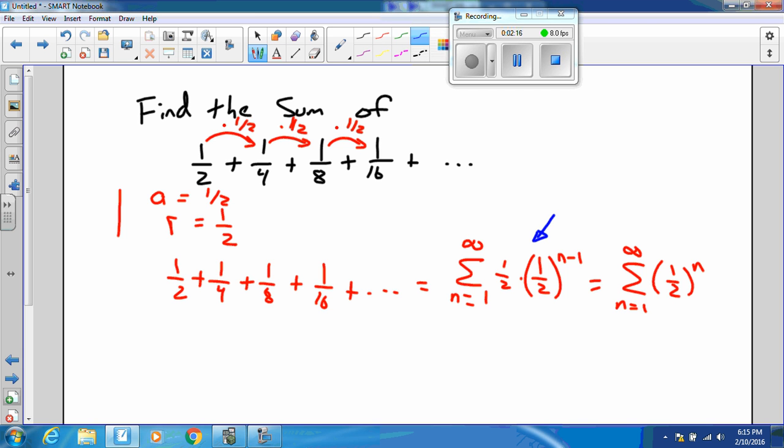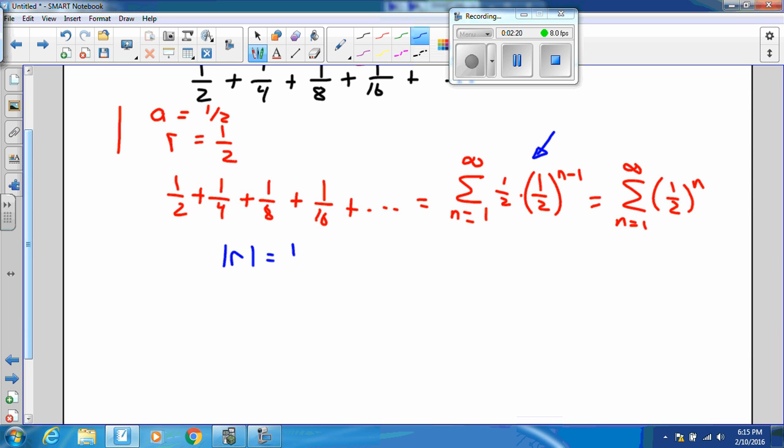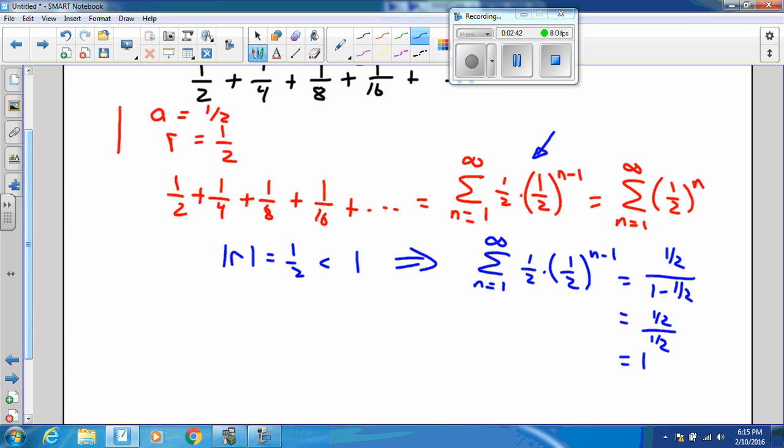But this is really the form that is useful to us. And since the absolute value of r is 1/2, which is less than 1, we see that the series converges. And so our sum is equal to 1/2 over 1 minus 1/2, which interestingly is exactly equal to 1.